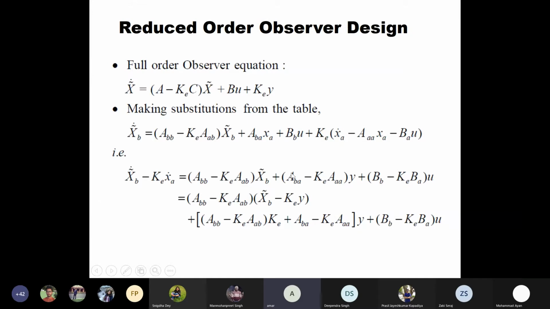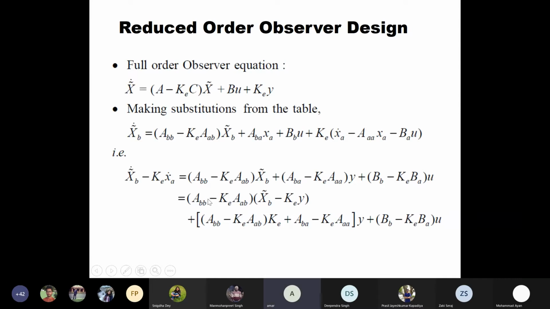Okay. So what we can do is write all the derivative terms on the left hand side. So x_b hat dot minus K_e x_a dot is equal to these expressions, which we can simplify and get in this form.